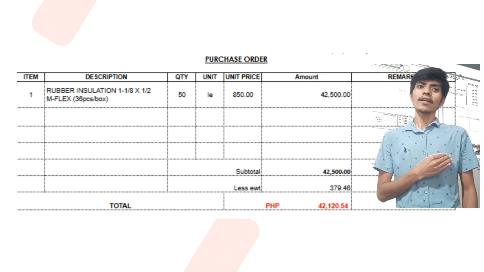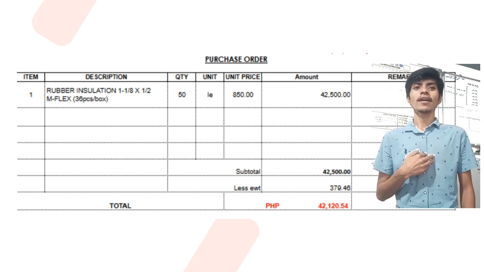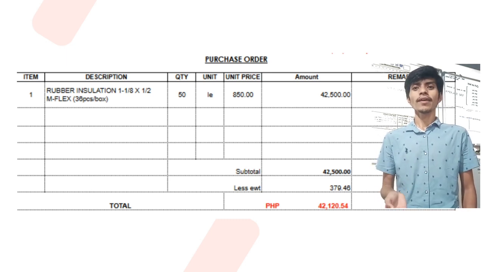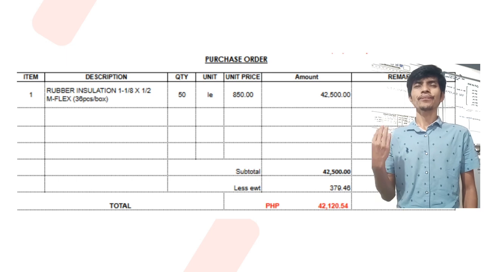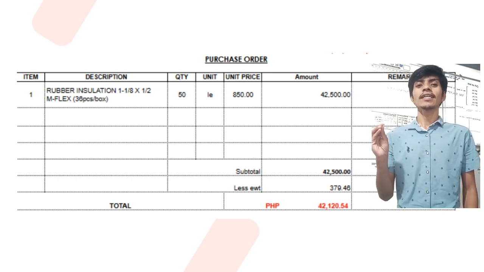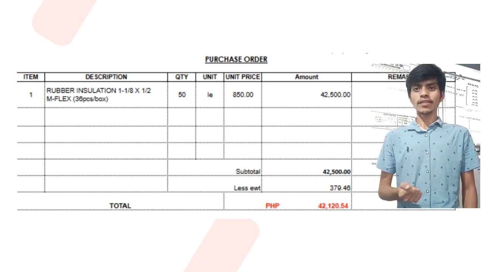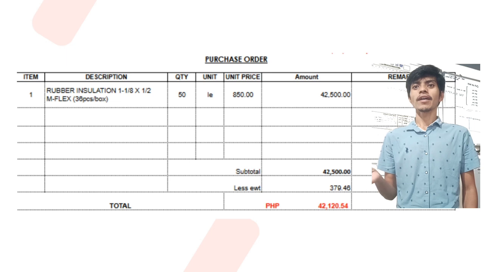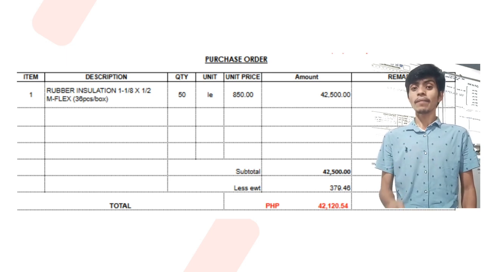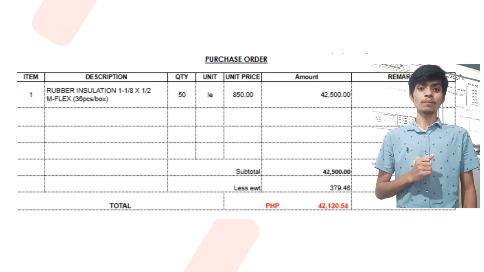In the remarks, I put where the product is or what the description of the product is. Here I ordered rubber insulation, 1-in-1/8 by 1/2 Mplex, in a box of 36 pieces.